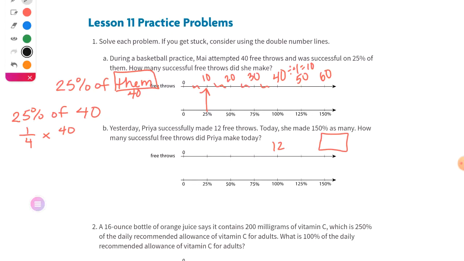Because just keep going by 3 on each one and you'll get to 12. Okay, yeah, because there's 1, 2, 3, 4 parts. So 12 divided by 4 is 3, 6, 9, 12, 18. So she made 18 free throws today.